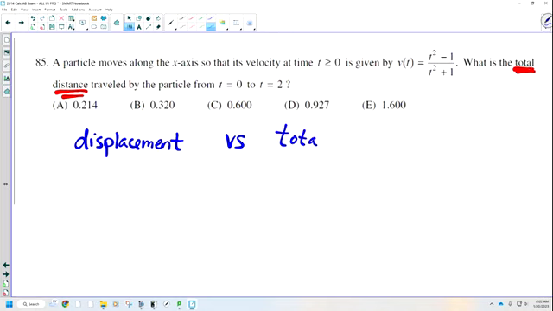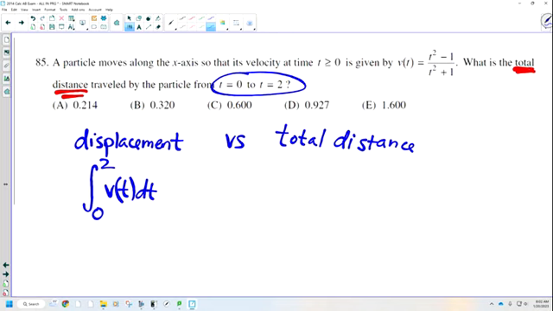This problem is asking us for total distance, which I underlined in red. Displacement is a normal integral. Our problem is from time 0 to time 2. Displacement is the distance you end up with compared to where you start, so it's the difference between where you started and where you ended up.